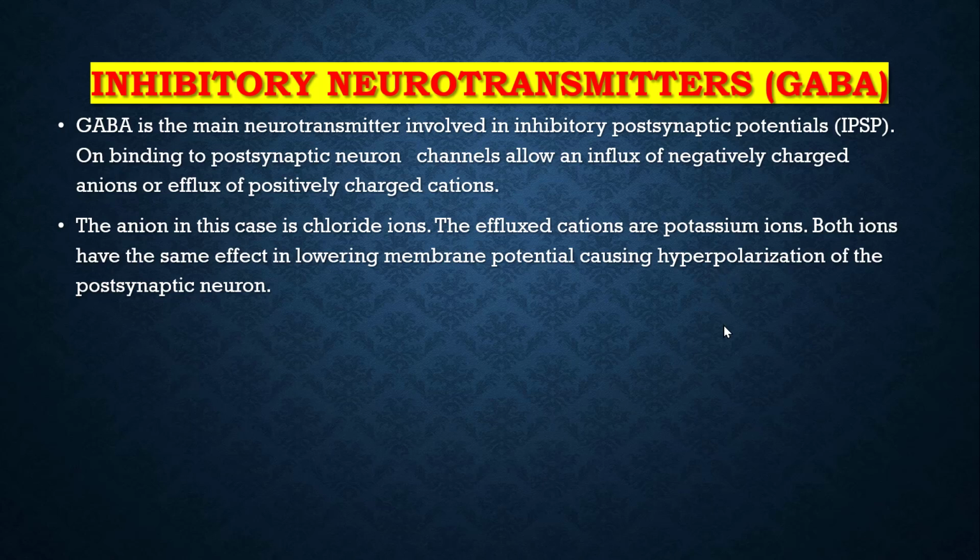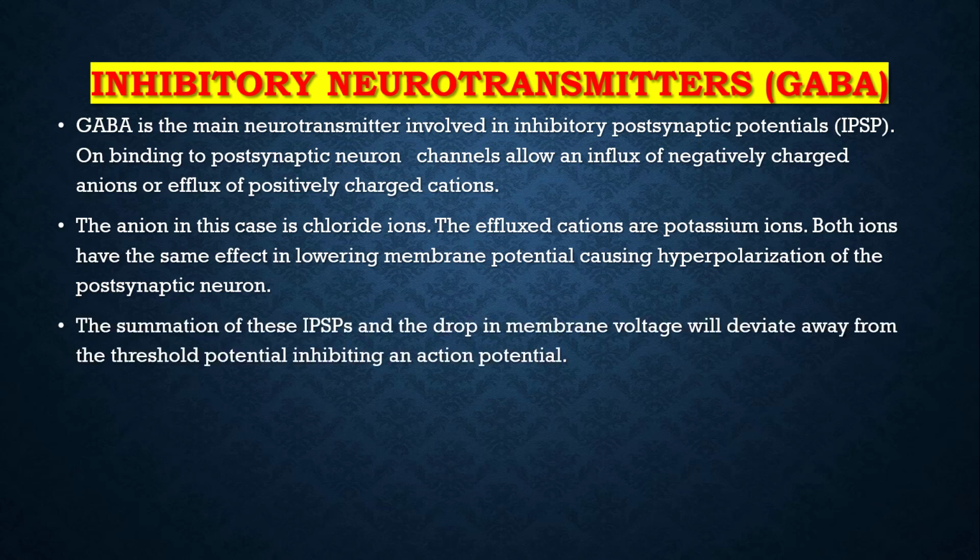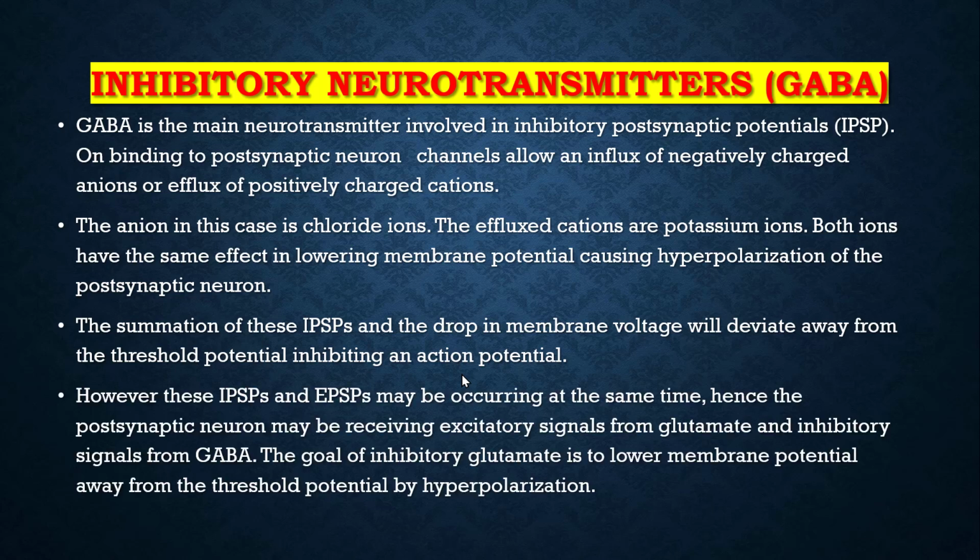Both ions have the same effect in lowering membrane potential, causing hyperpolarization of the postsynaptic neuron. The summation of these IPSPs and the drop in membrane voltage will deviate away from the threshold potential, inhibiting an action potential. So this influx of negative charge into the cell will inhibit the action potential in the postsynaptic neuron.